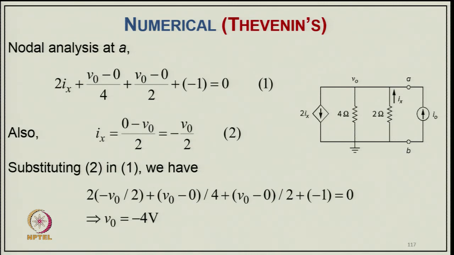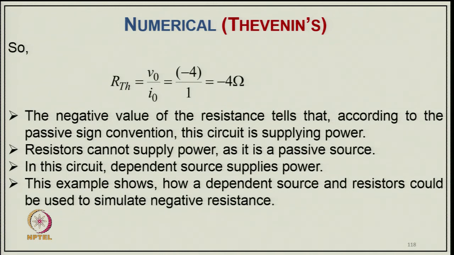So, you get Ix equal to (0 minus V0) divided by 2, that becomes minus V0 by 2, that is the Ix, and substituting 2 into 1, we get 2 into minus V0 by 2 plus (V0 minus 4) by 4, V0 minus 4 by 2 minus 1. So, we get V0 as minus 4 volt, and R_TH equal to V0 upon I0, that is minus 4 divided by 1, that is minus 4 ohm.